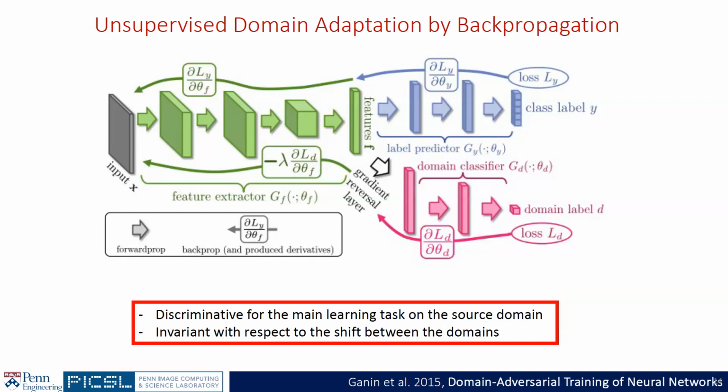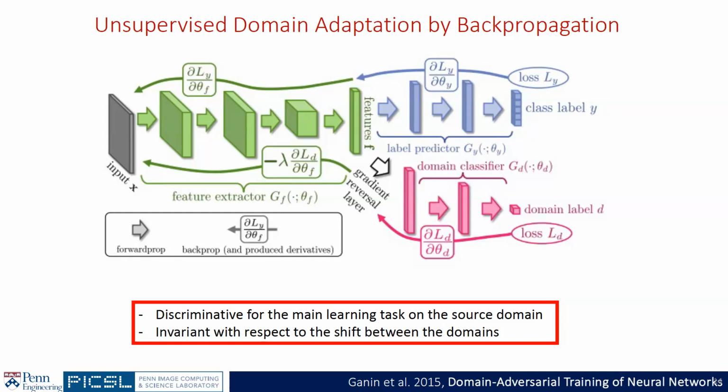We want to learn invariant features, because we want the network to learn features from across all domains, and not be biased towards one particular domain. So we technically want the network to not be able to classify where the domain is coming from, and by doing that, we can say that the network is learning invariant features across all the source domains.